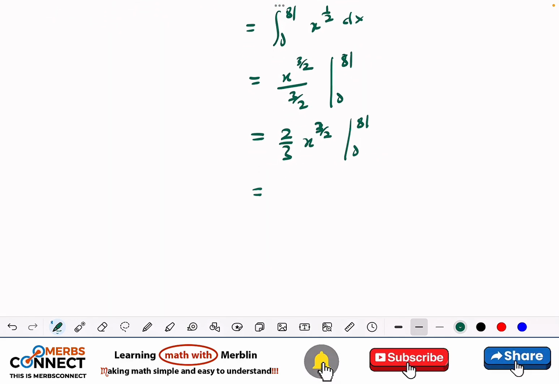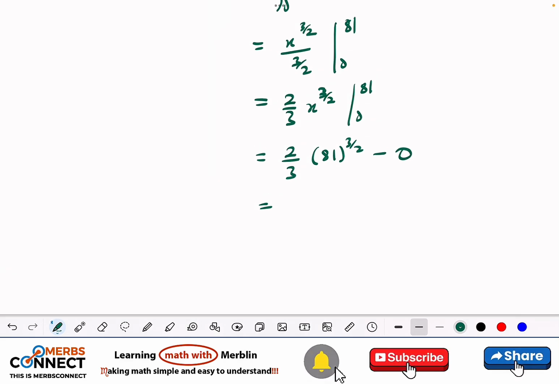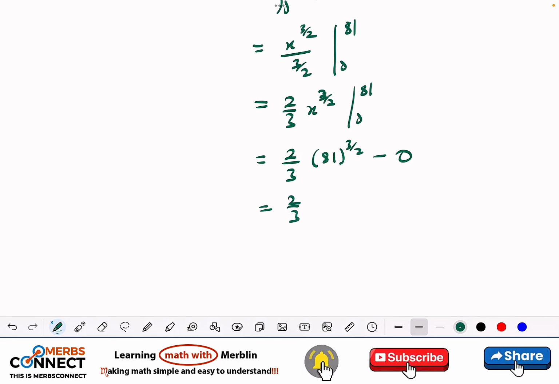Plug in 81, so 2 divided by 3, x to the power 3 on 2, minus, when I plug in 0, I'll just get 0. So this is the same as 2 on 3. Now what is 81? 81 is the same as 9 squared, minus 0. So this one will go to 0. So we are going to have 2 on 3 times 9 to the power 3.